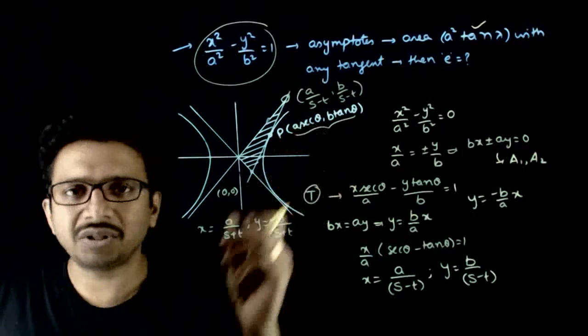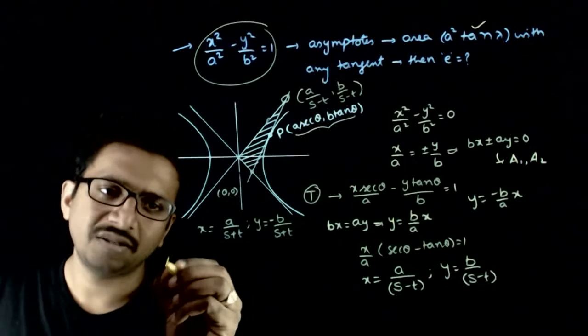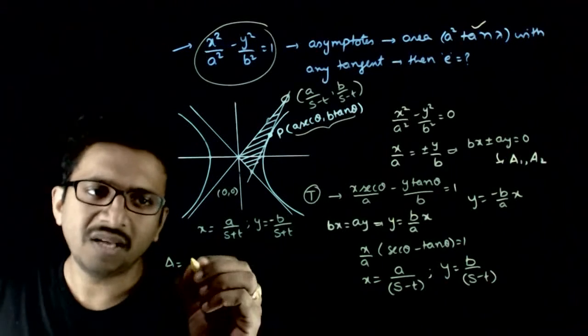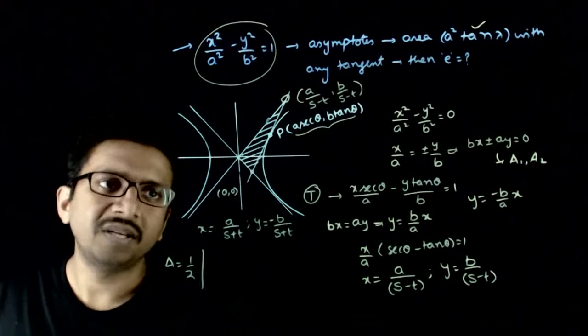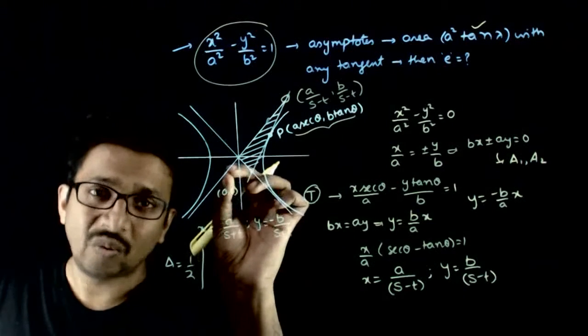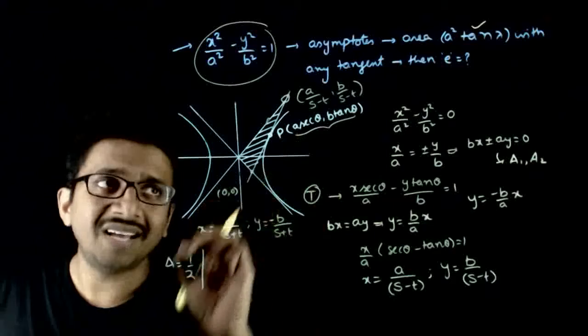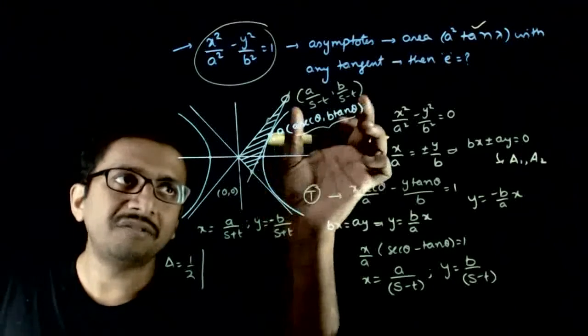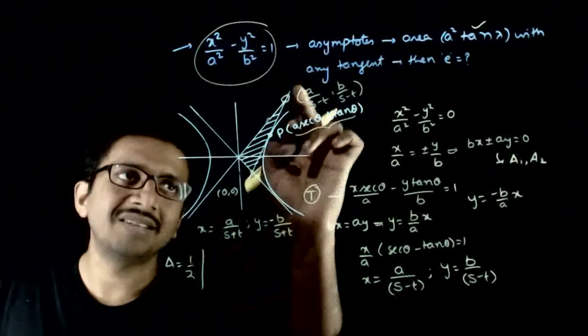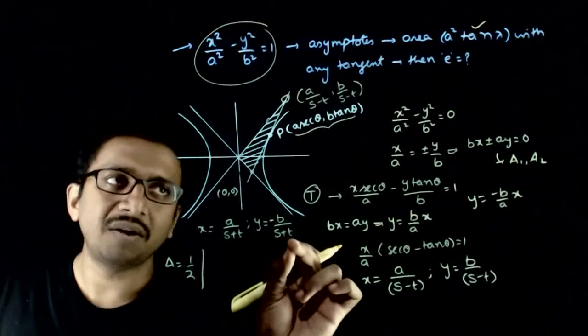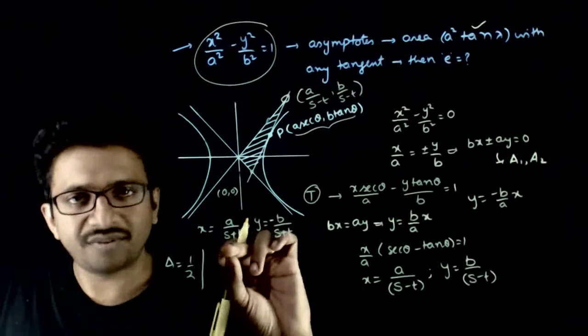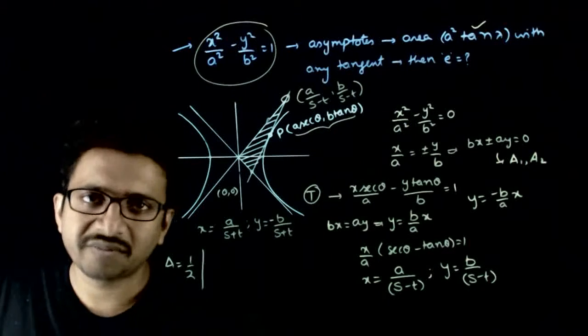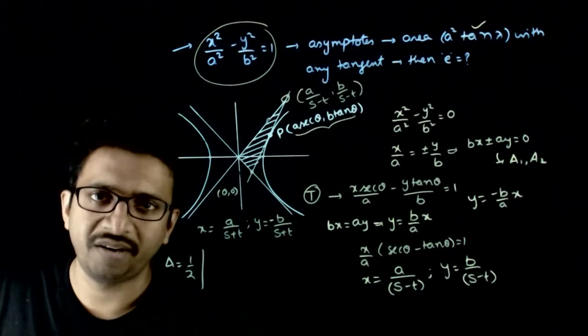Now what is the area of this triangle? Area of this triangle is half times the modulus of, since one of the vertices is the origin, the determinant of these coordinates, that is the x coordinate of this into the y coordinate of this, minus the x coordinate of this into the y coordinate of this. That's the formula for area.